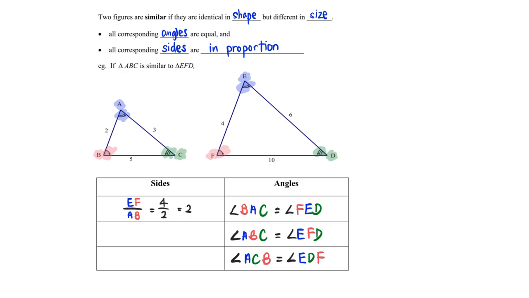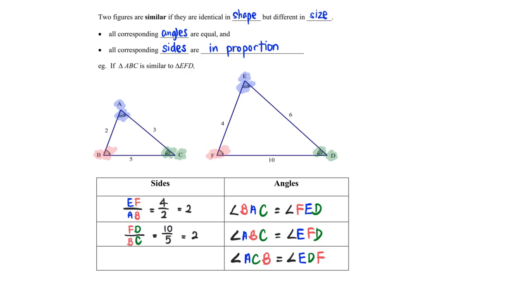Alright. So if I have my FD divided by my BC, 10 divided by 5, yep, it's the same number, 2.